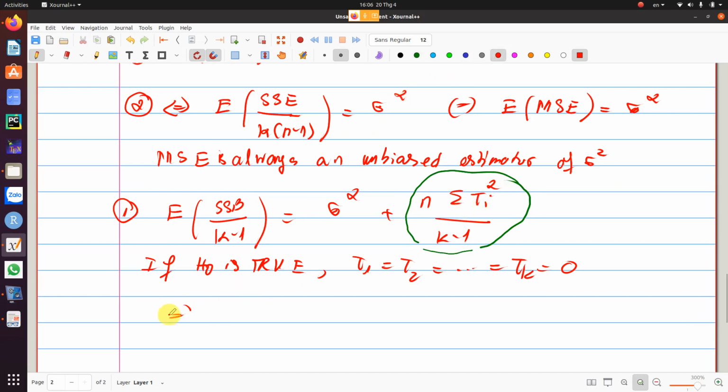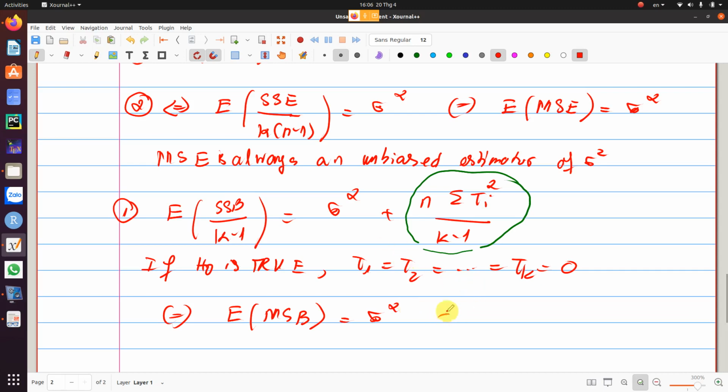So if H0 is true, then we have E of SSB over k minus 1, that is MSB, exactly equal to sigma square. So in case H0 is true, E of MSB is exactly equal to sigma square.